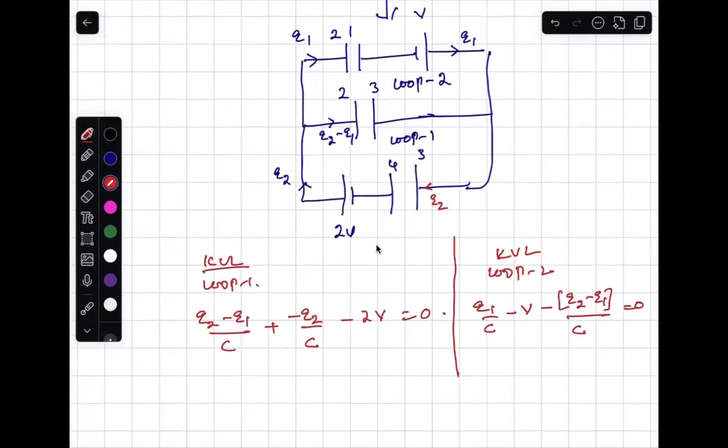Have you understood the signs properly? I am assuming this is positive and this is negative. So if I am facing the first negative terminal of a battery, I will write minus V. If I am facing the negative plate of a capacitor, I will write minus of that charge by C. Now, help me in writing this properly.